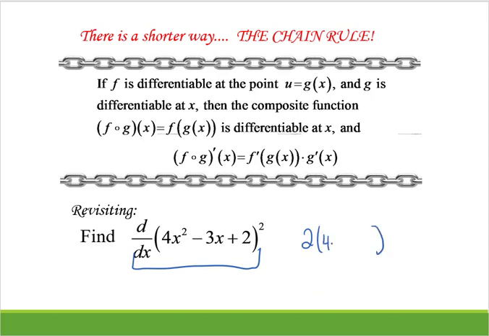My something in this case was 4x squared minus 3x plus 2, times the derivative now of the inside function, which in this case is 4x squared minus 3x plus 2.